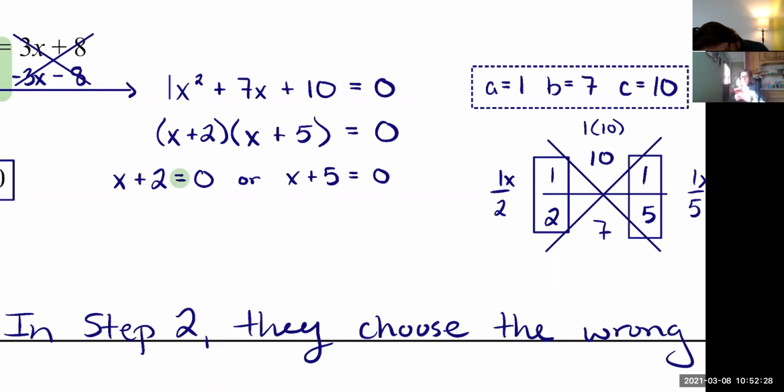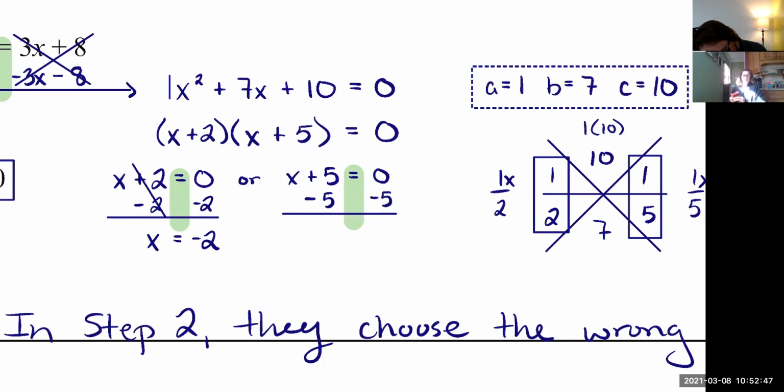How would you solve the first? Minus 2 from both sides. So x equals negative 2. How would you solve the second one? Minus 5 from both sides. So x equals negative 5.